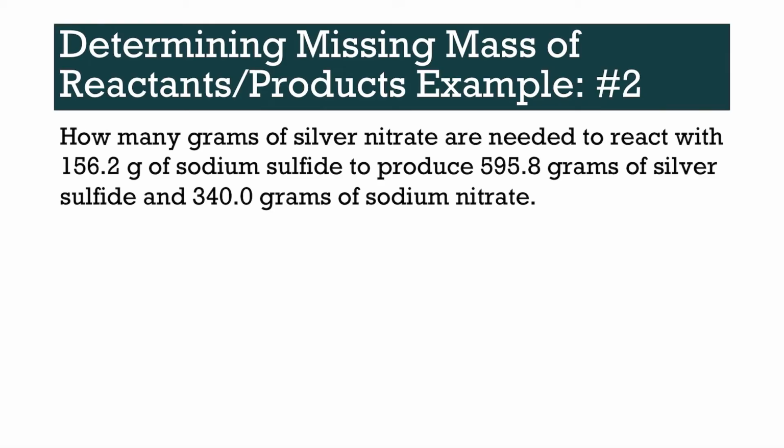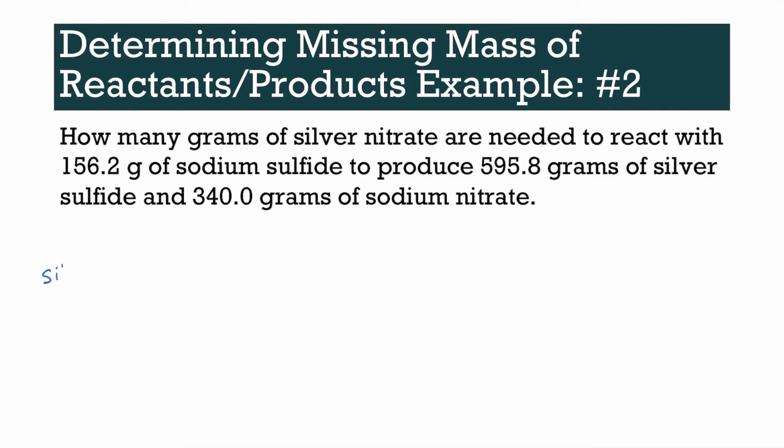How many grams of silver nitrate are needed to react with 156.2 grams of sodium sulfide to produce 595.8 grams of silver sulfide and 340 grams of sodium nitrate? Okay, so here we're not given formulas at all, but we can still come up with a formula.